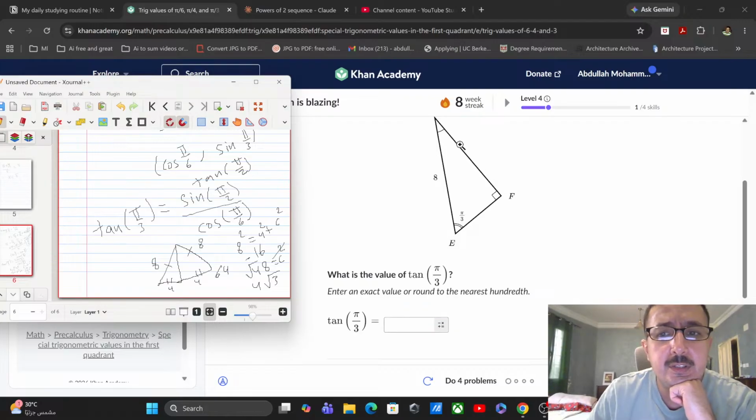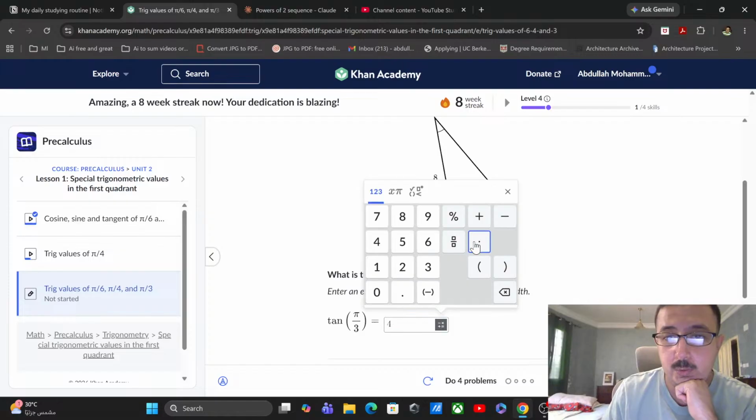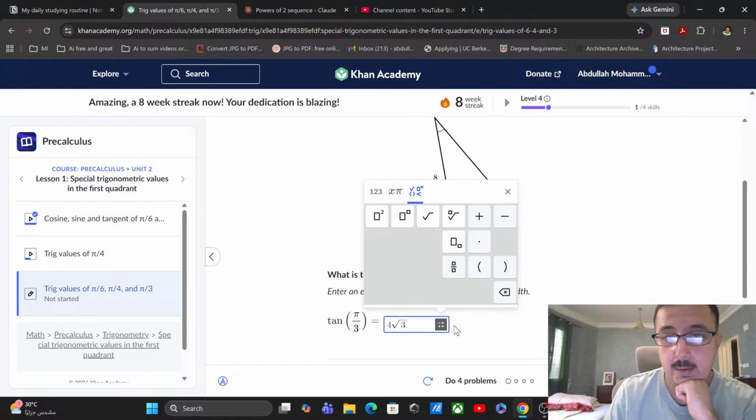The tangent, this one. Yep, this one is 4 square root of 3.